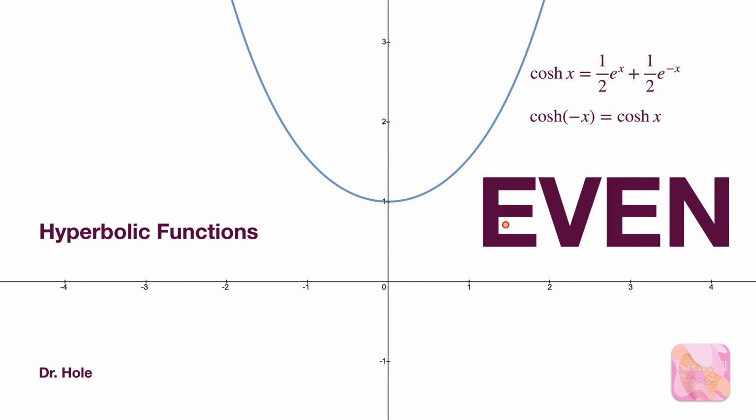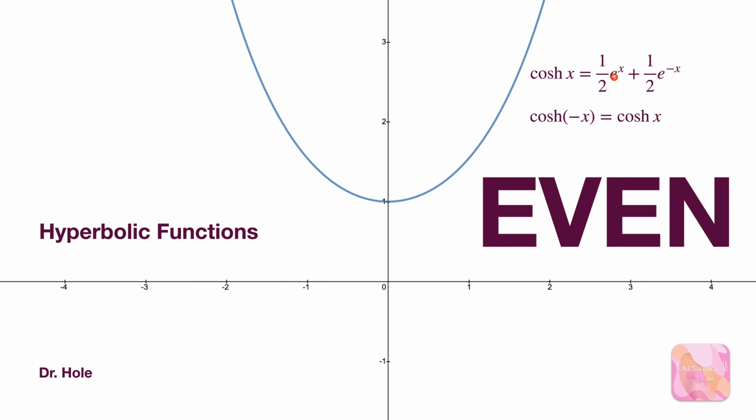Recall that is the idea of an even function. This is the hyperbolic cosine, or cosh, and the evenness of hyperbolic cosine mimics the evenness of the standard trigonometric cosine function. We'll see many other similarities as we go along.